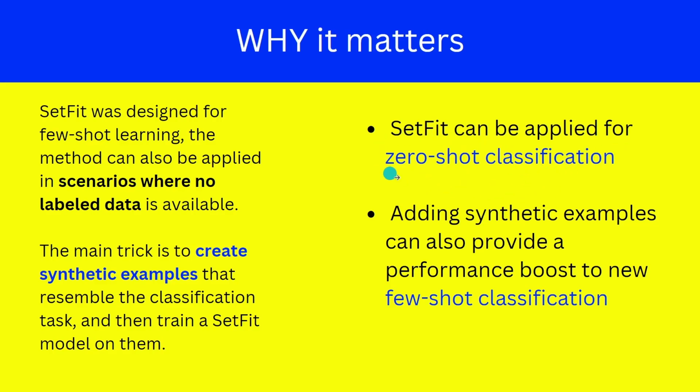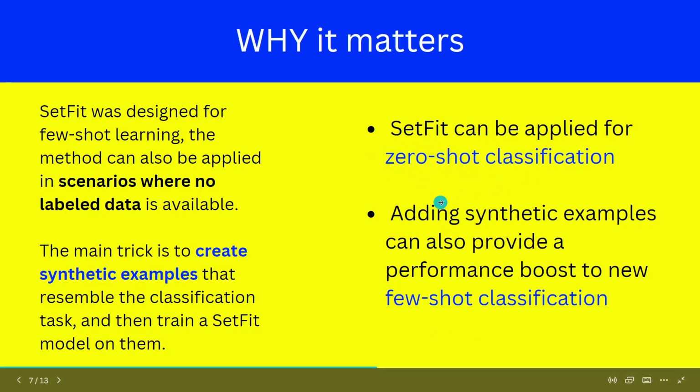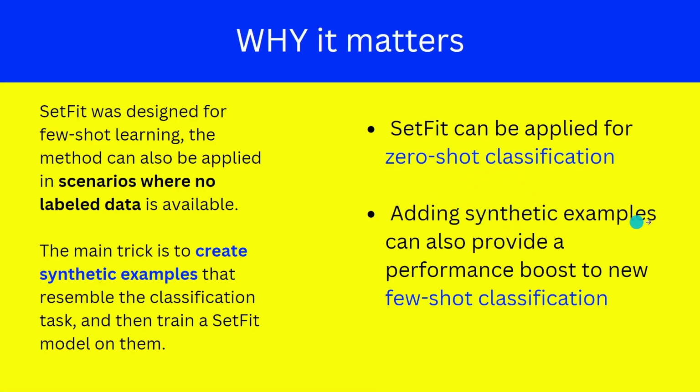If you want to know in detail what I mean with zero-shot classification, in my very first video about the SetFit idea, I explain in detail what zero-shot and few-shot means. But anyway, we also can use these synthetic examples to provide a small performance boost to our few-shot classical SetFit classification.